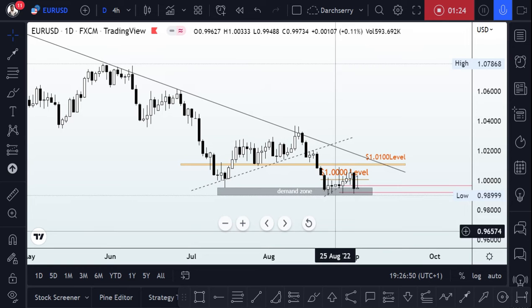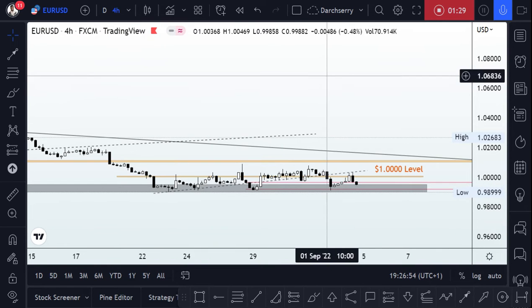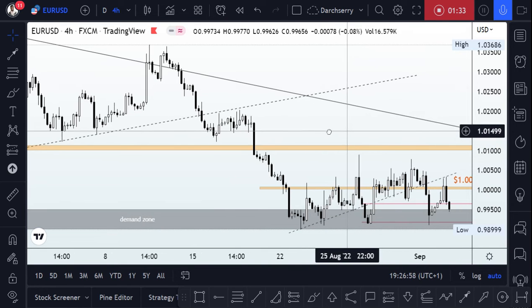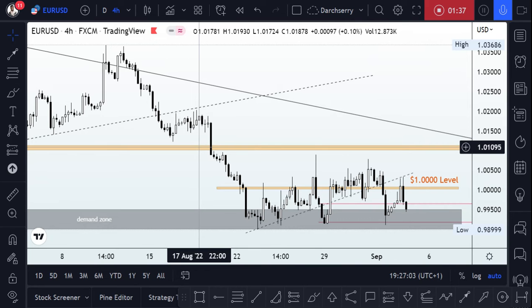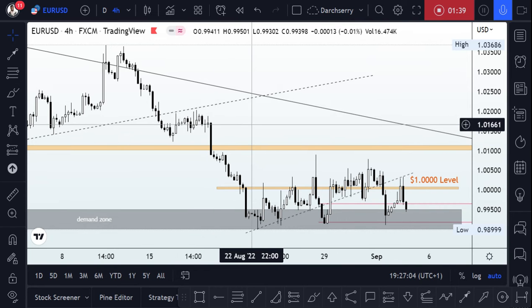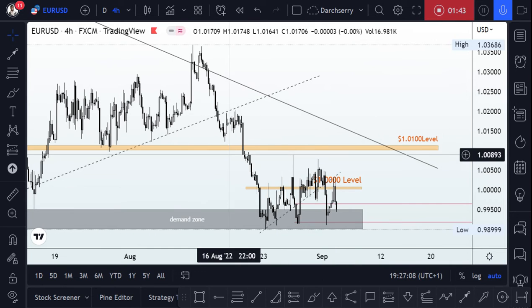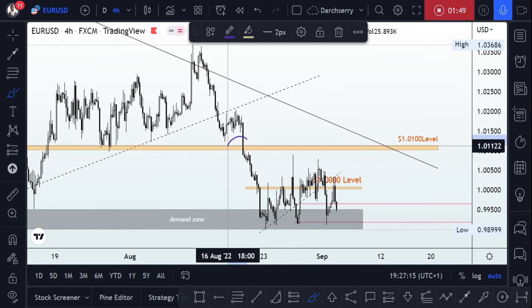But if we scale down to the 4 hours time frame, the first thing you will observe is that price has been consolidating, has been in a choppy scenario ever since it broke below the 1.0100 level, which was my initial key level. I was able to identify this 1.0100 level here on the daily time frame a couple of weeks ago.